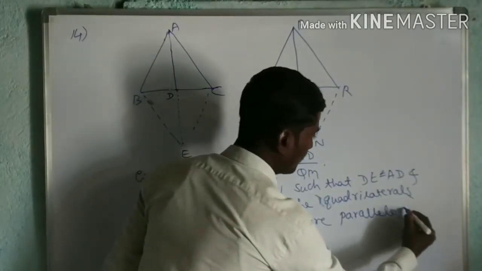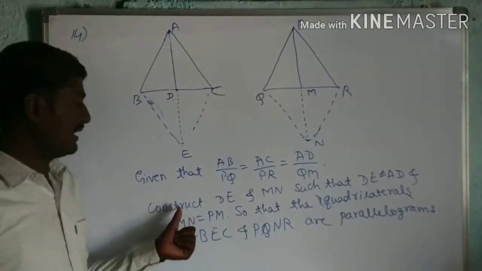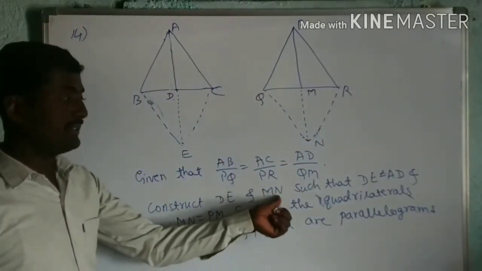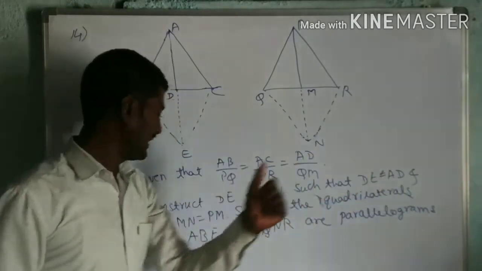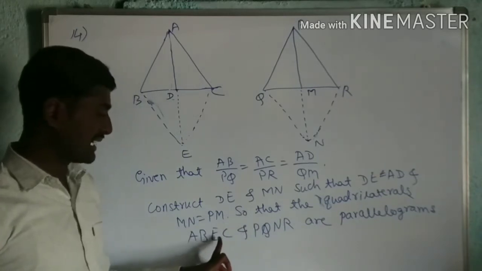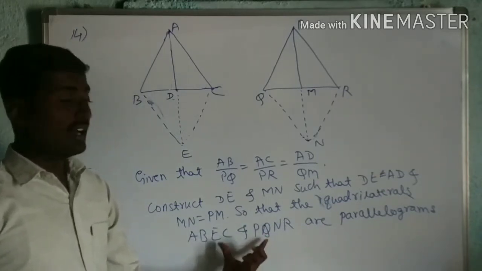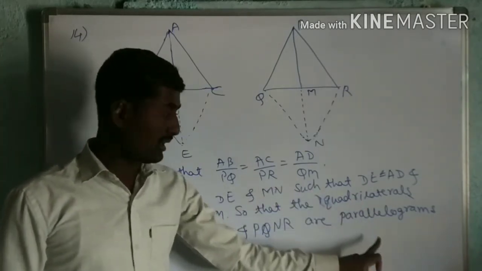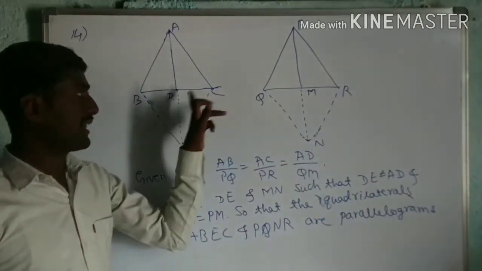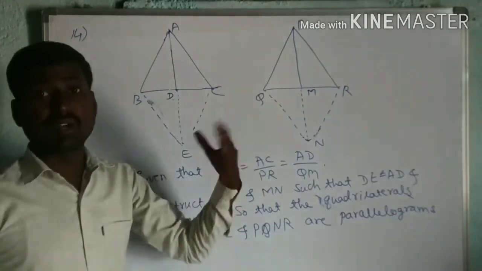Parallelograms. Okay, this is very important. I must write here. What is that? I constructed DE and MN, so DE is equal to AD and MN is equal to PM. Now I got two quadrilaterals ABEC and PQNR. So these two quadrilaterals are parallelograms because in these two quadrilaterals the diagonals bisect each other and those two diagonals are not equal.